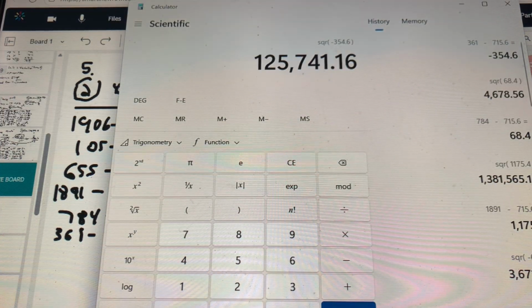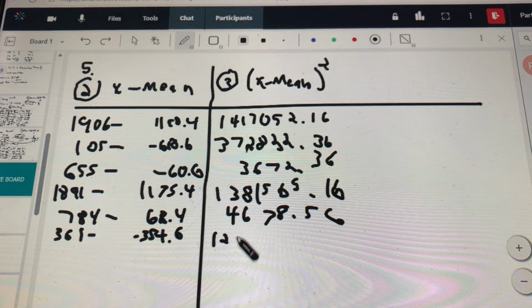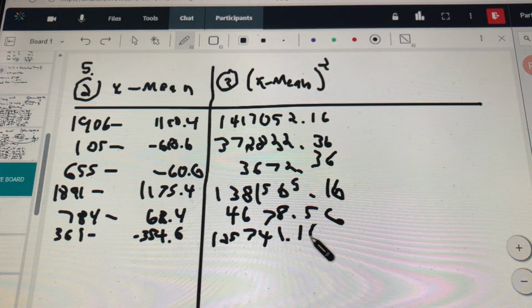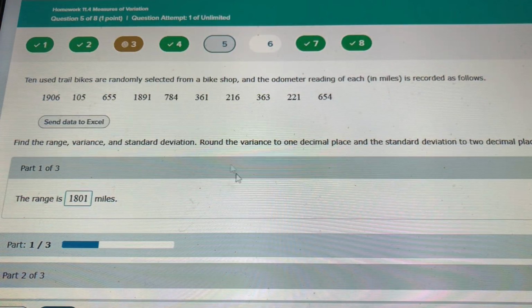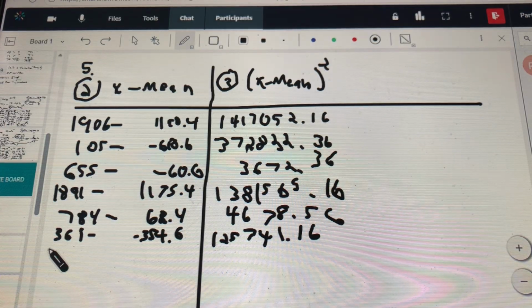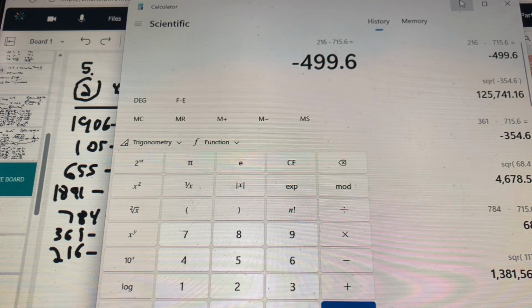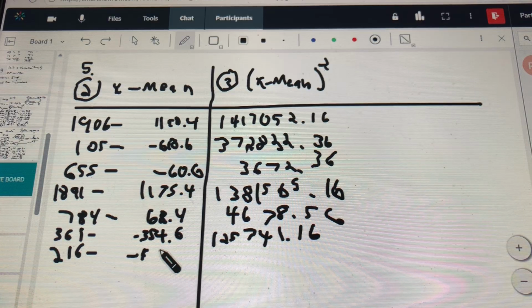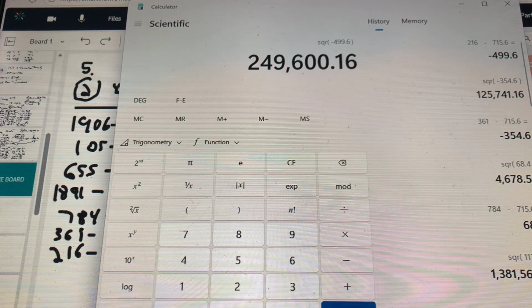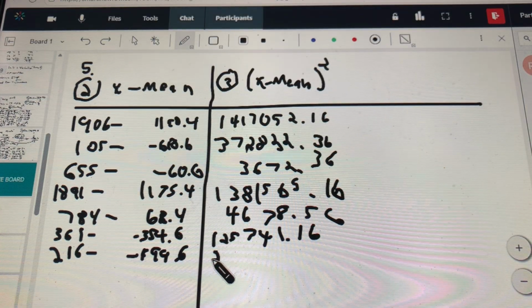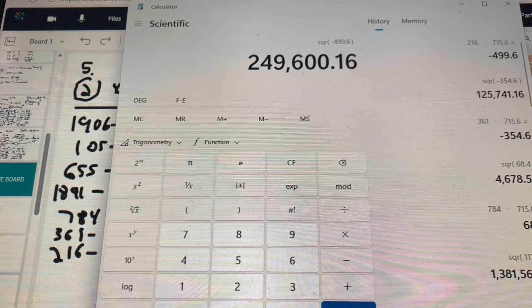Square that. 125,741.16. 216 is next. 216 minus memory recall is negative 499.6. Square it. 249,600.16.